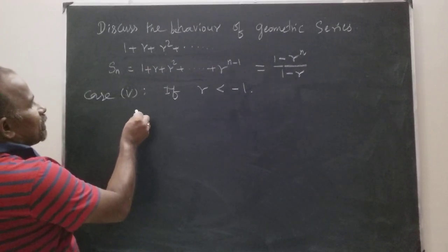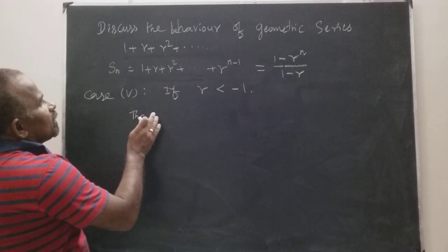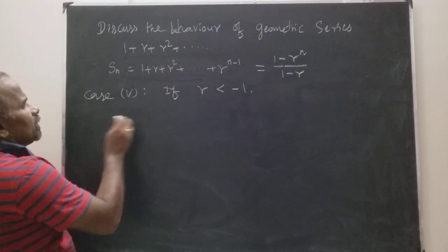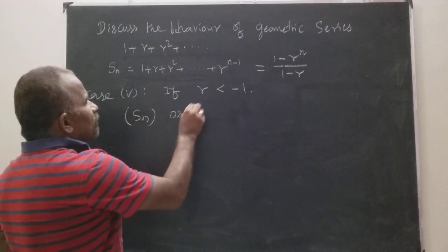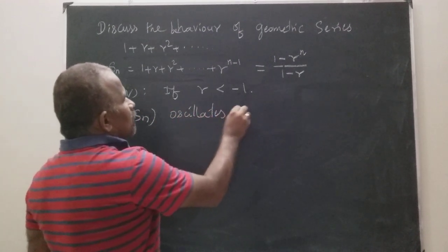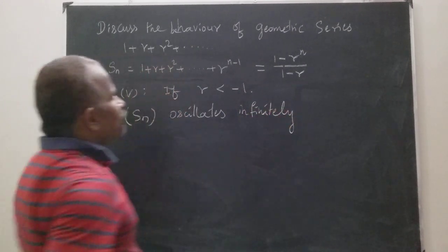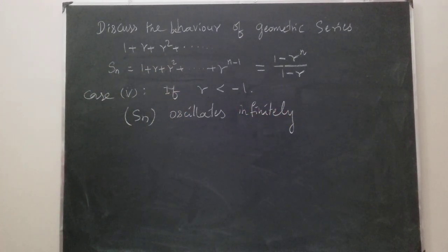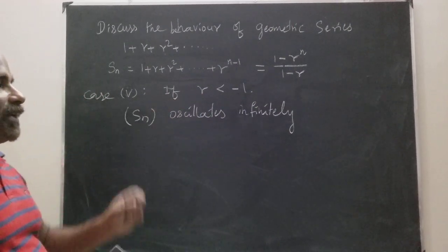So, here, the sequence of partial sum oscillates infinitely. For example, r is minus 2.